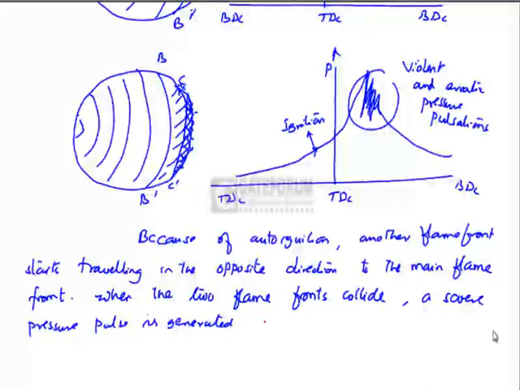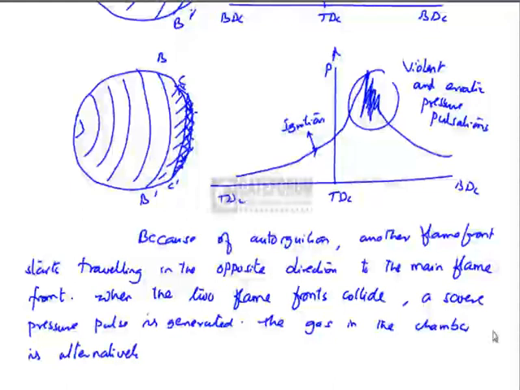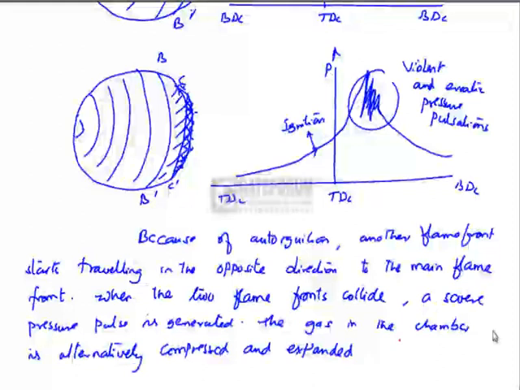The gas in the chamber is alternately compressed and expanded by the pressure pulse until pressure equilibrium is restored.